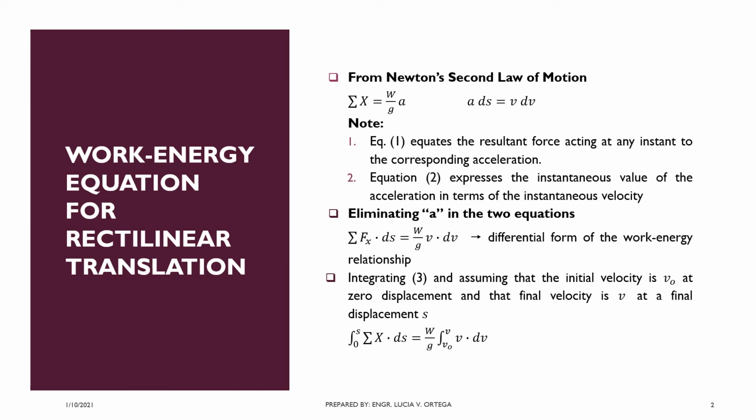Now, eliminating a in the two equations, you can solve from the second equation the value of a, which is v dv over ds. Substituting to equation 1, we have equation 3: the summation of forces along x times ds equals W over g times v dv. This is now the differential form of the work-energy relationship.